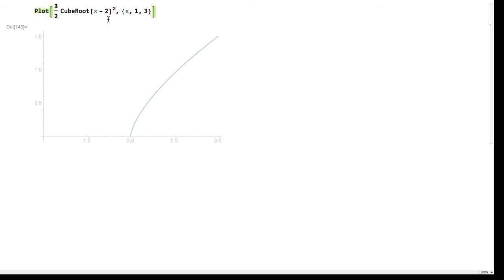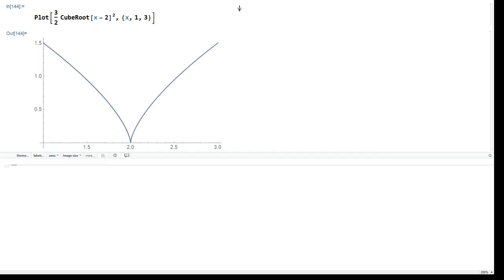There's a function called CubeRoot. It's a bit annoying: if you don't use the CubeRoot function in Mathematica, you only get the positive half. So this is what we're looking at here.